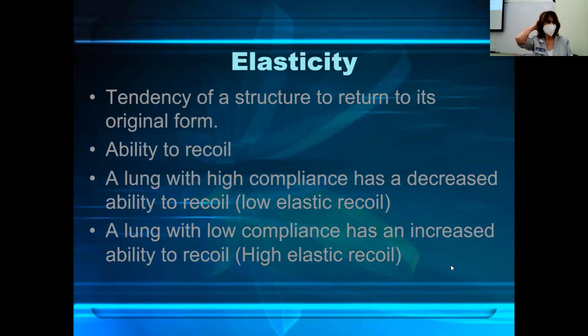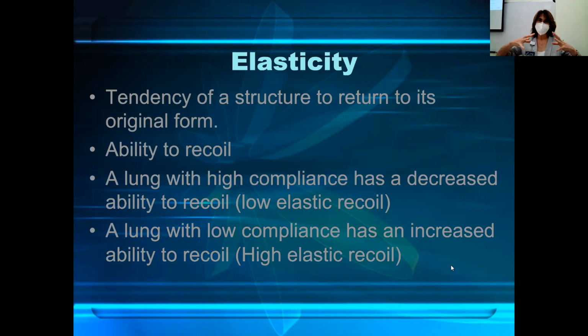It says here, a lung with high compliance has a decreased ability to recoil, low elastic recoil. Patients that have emphysema have loss of alveoli in their lungs. Their lungs are very easy to ventilate. If you put somebody with emphysema on the ventilator, very low pressures, real high compliance.